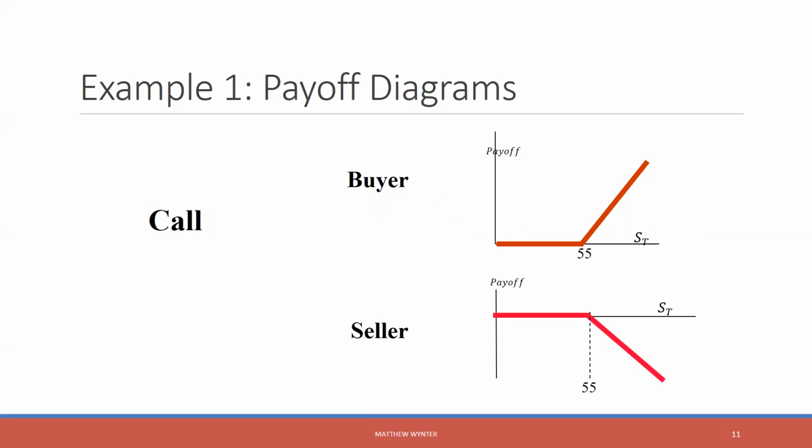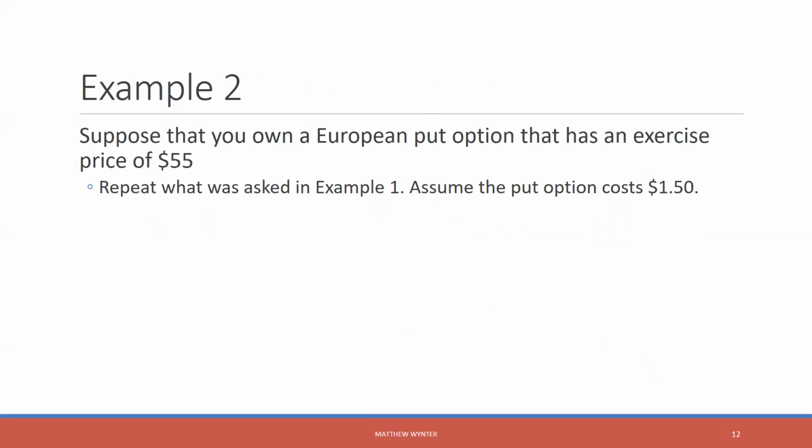Let's think about that. If I look in the market and the stock is trading at 75 bucks per share, but I can buy it from you for 55, of course I'm going to do it. And hopefully you notice that the seller has the exact opposite payoff. When you're the person who has provided this option, for every dollar that the buyer gets, that's a dollar that you lose. So it's the exact opposite in terms of payoff.